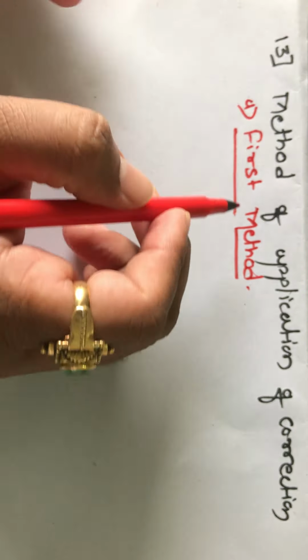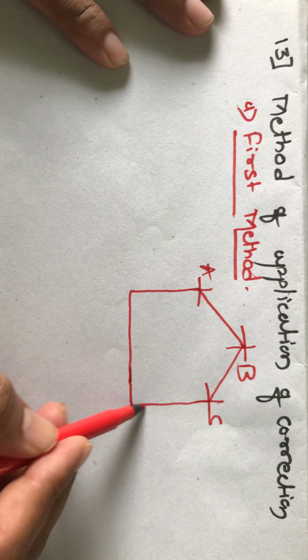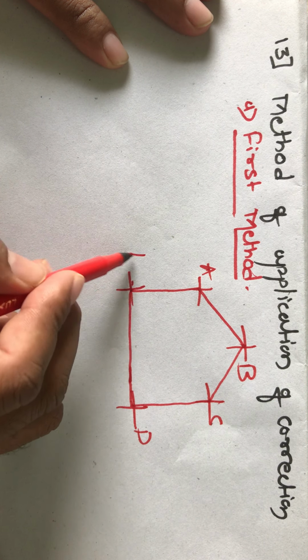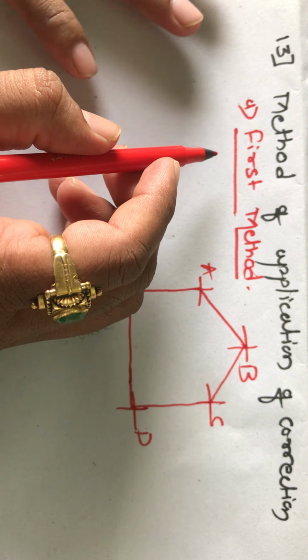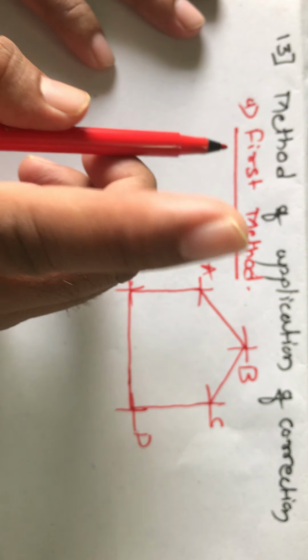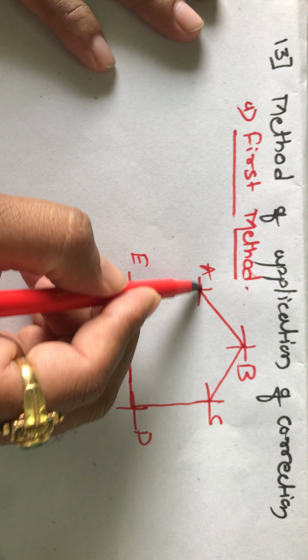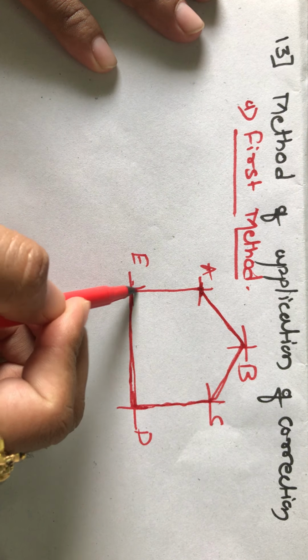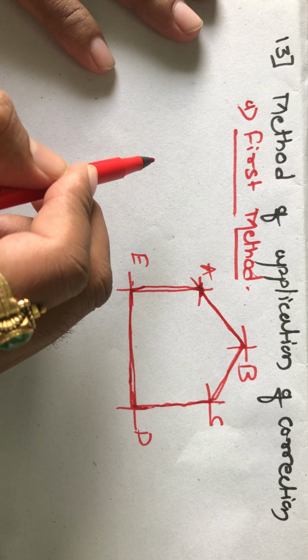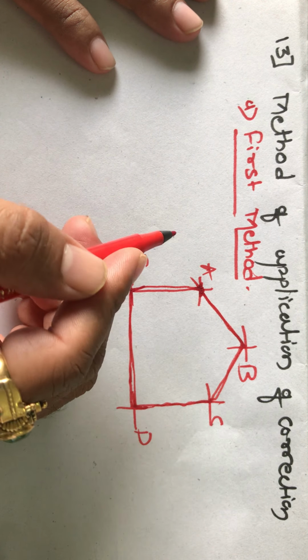So we can calculate A, B, C, D, E, because in traversing, what is a closed traverse? The starting point and ending point should be the same. Starting point started like this clockwise and it ended at A, correct? So that is called a closed traverse.